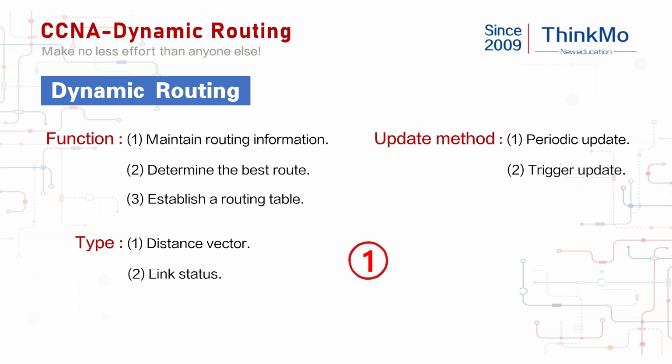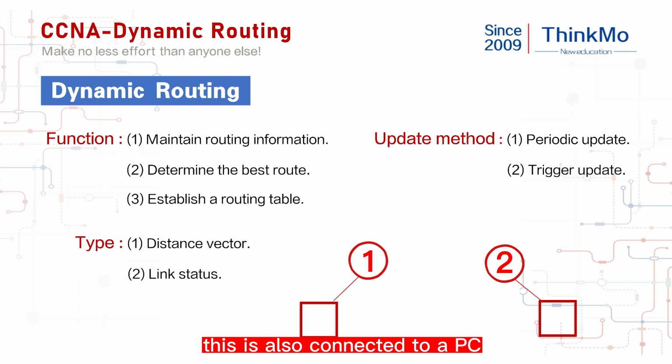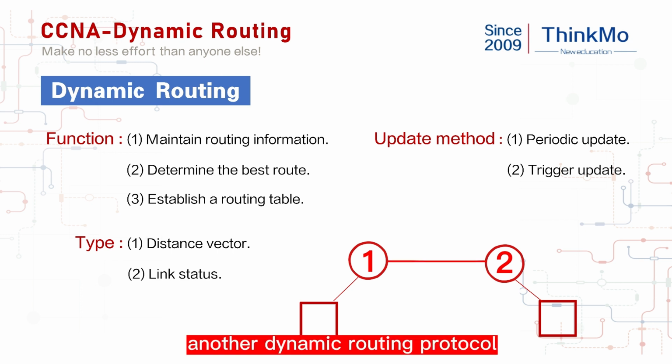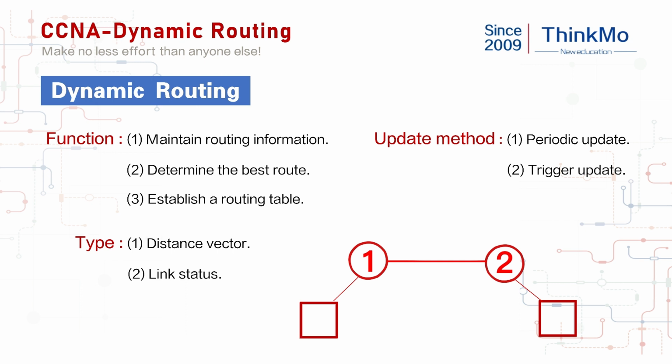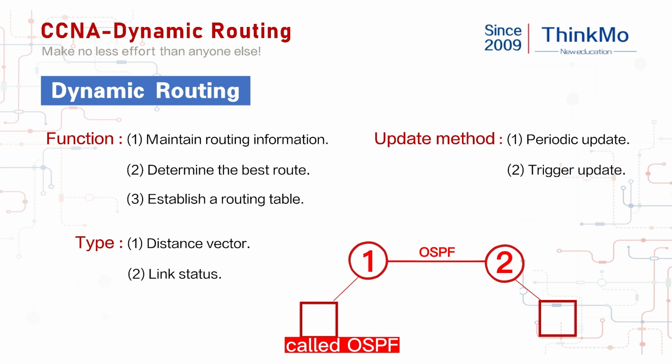This is R1. This is R2. Two devices. A PC is connected here, and this is also connected to a PC. There is a line between them. Another dynamic routing protocol is running between the two devices, called OSPF. You don't need to care how it works.